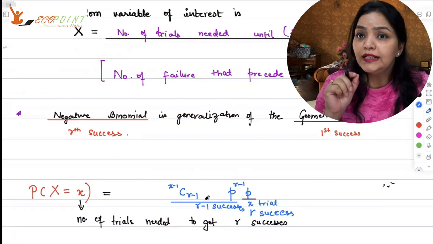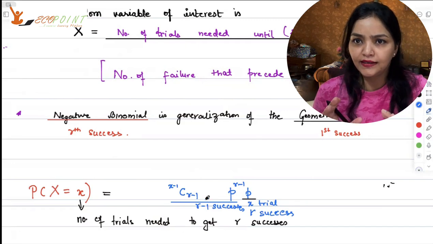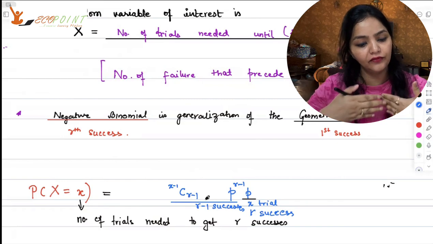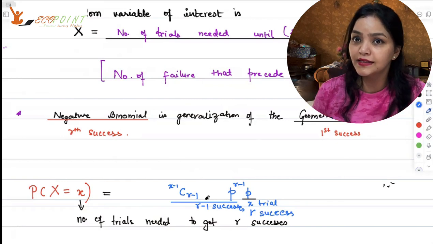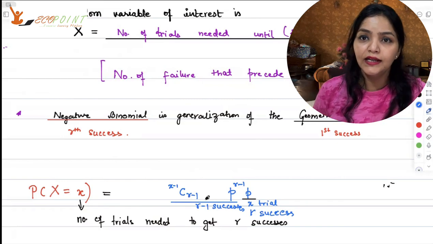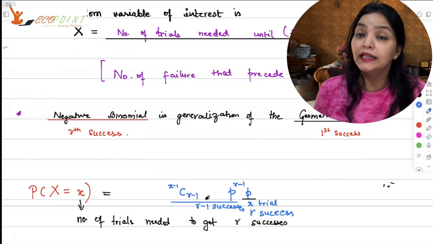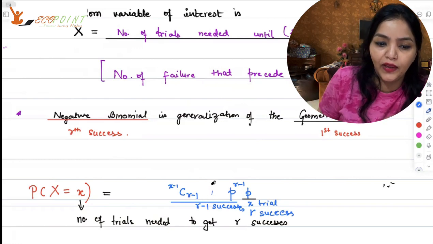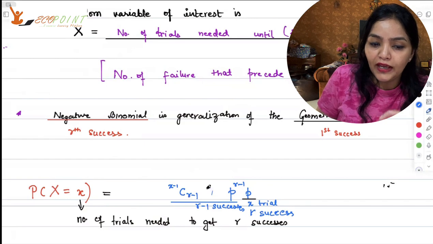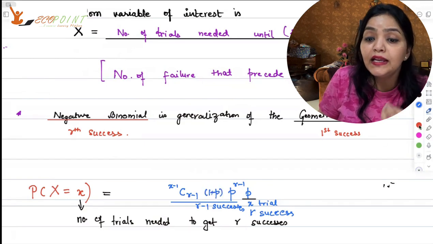Now, total number of trials are X. अब ऐसा तो नहीं है ना कि सिर्फ लगातार सक्सेस ही आती रही आर सक्सेसेस, जरूरी नहीं है ऐसा हो, राइट? तो कुछ ट्रायल्स में सक्सेस आई, कुछ में फेलियर्स आया, कितने में फेलियर्स आया? सो फेलियर्स की प्रोबेबिलिटी है 1 minus P and the remaining positions.